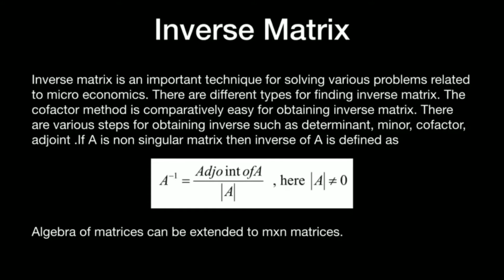There are various steps for obtaining the inverse, such as determinant, minor, cofactor, and adjoint. If A is a non-singular matrix, then the inverse of A is defined as shown. The algebra of matrices can be extended to an m by n matrix.